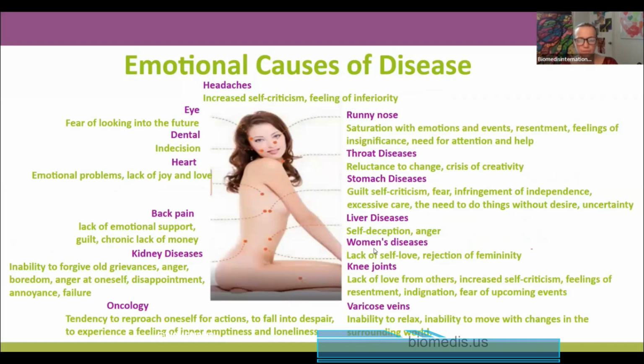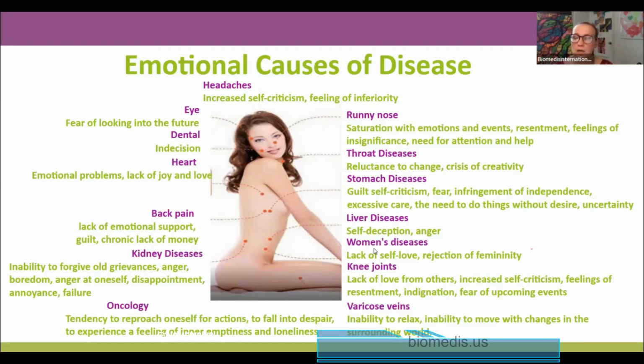And I put here a big chart for you. Headaches may be caused by self-criticism and feelings of inferiority. A runny nose could come with some kind of saturation with emotions, events, resentments, feelings of insignificance, needing more help, no more attention.